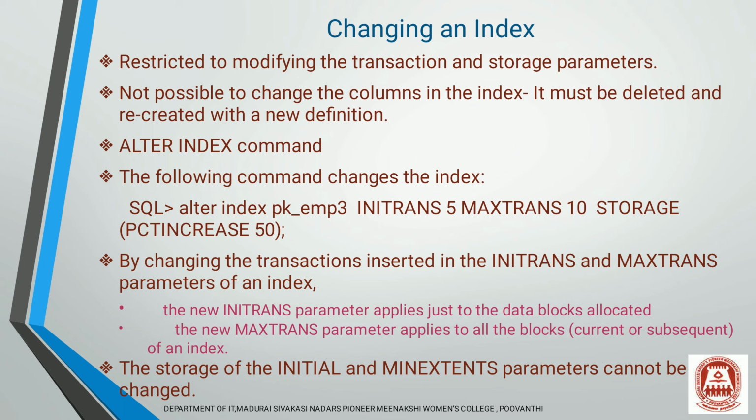So this is the way I am going to use the alter index command: alter index name, and the initial transaction, maximum transaction, and the storage value are represented here. This is the way I am going to make changes in the attributes associated with the index.